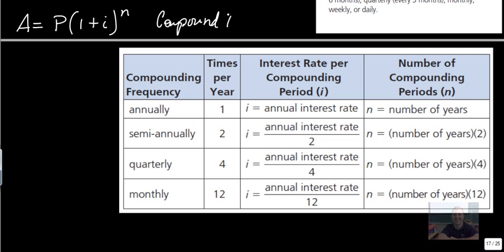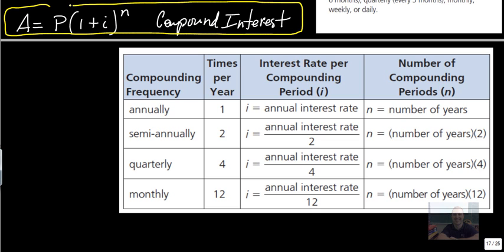You need to write that down if you don't have it yet. Compound interest formula. And the chart below here is a little explanation on how we come about I and N for any situation.